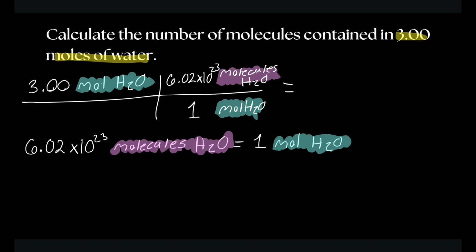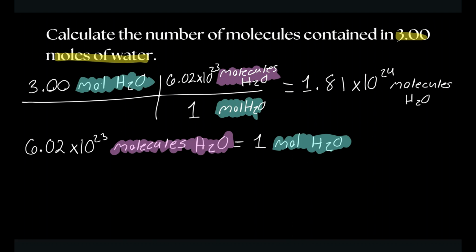And then we're able to solve. We're going to multiply the top and divide by the bottom, so 3.00 times 6.02 times 10 to the 23rd. This will give us 1.81 times 10 to the 24th molecules of H2O.